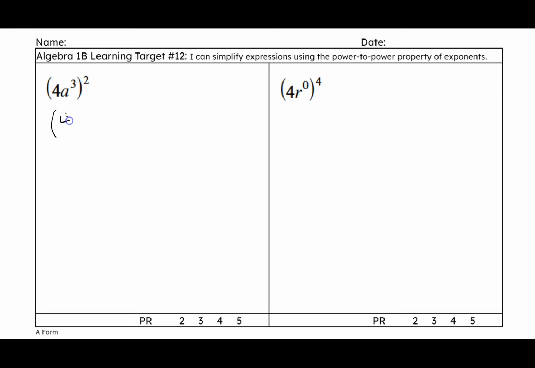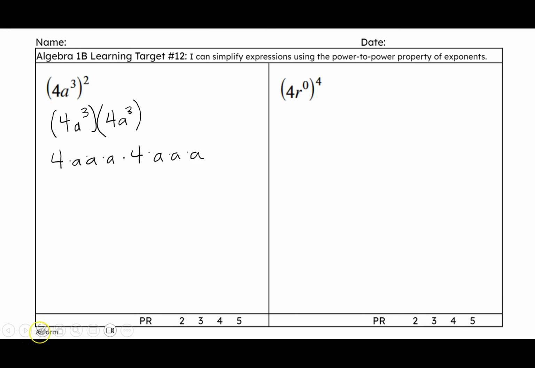That's going to be 4a cubed times 4a cubed. And oh gosh, what do I actually do with this? Let's see. I'm going to expand it out. This is going to be 4 times a times a times a times 4 times a times a times a. We multiplied 4a to the third power times itself twice.